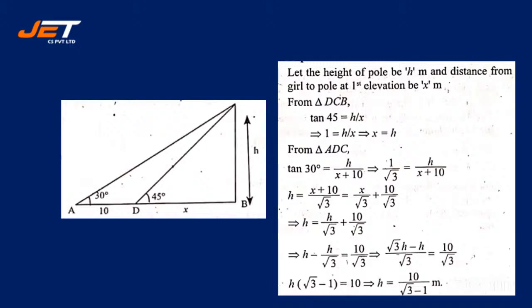So here the height is supposed to be h only, that is the opposite side. But the adjacent side is not x because 10 meters she is going a little far. So it becomes x plus 10. So of course this is tan 30. Of course we know tan 30 is 1 by root 3, equal to h by x plus 10. With this you can find the value of h to be 10 by root 3.